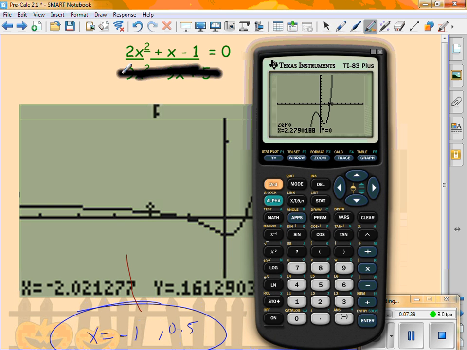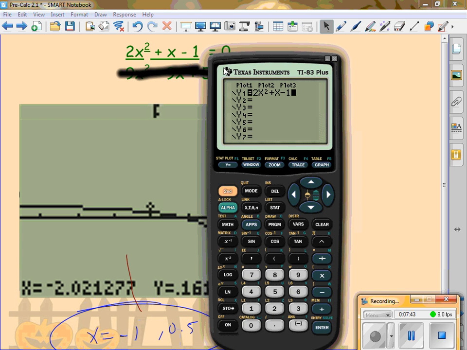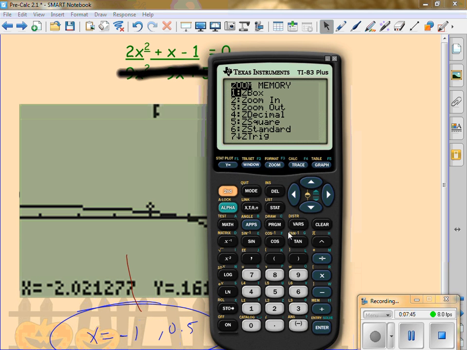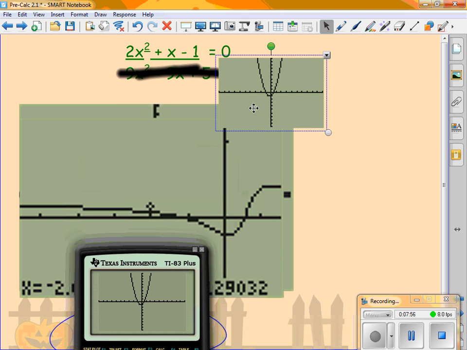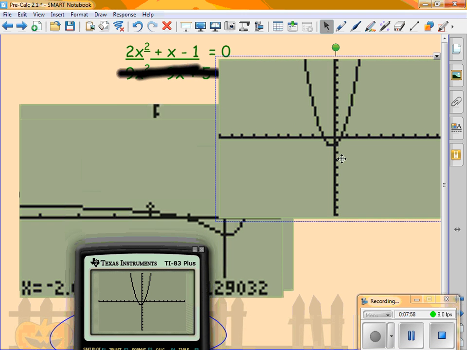Go see if it happens. See what happens. When I take just the top and I hit graph, yes, now it's just a parabola because it was squared. But if I look at these zeros, this one's at 1/2. This one's at -1.